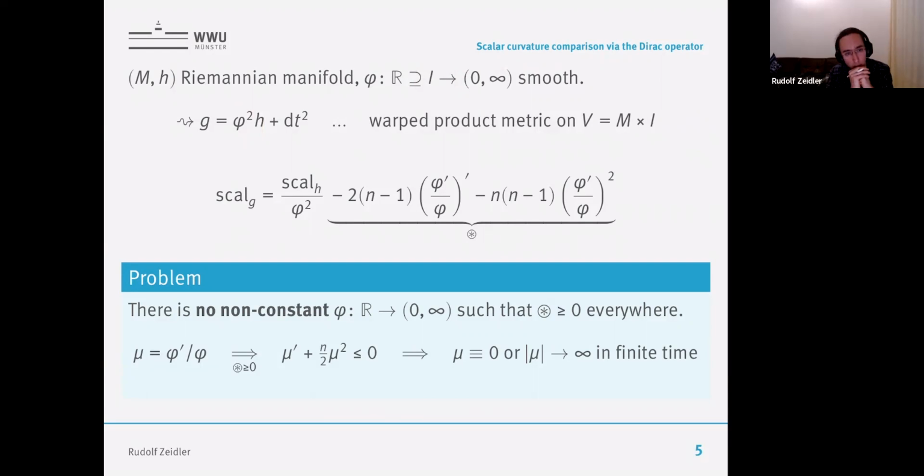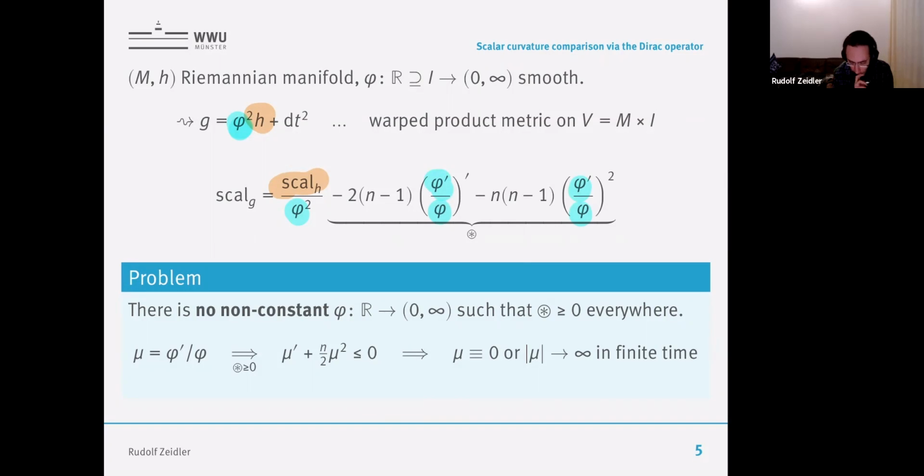And then you can try what happens to the scalar curvature in such a situation. You can open your favorite book on Riemannian geometry and you will find some curvature formulas. In this case, these curvature formulas are relatively simple and they only involve an ordinary differential expression involving the scalar curvature of this metric that turns up here, the function phi that of course turns up also here, and you get derivatives of the function.